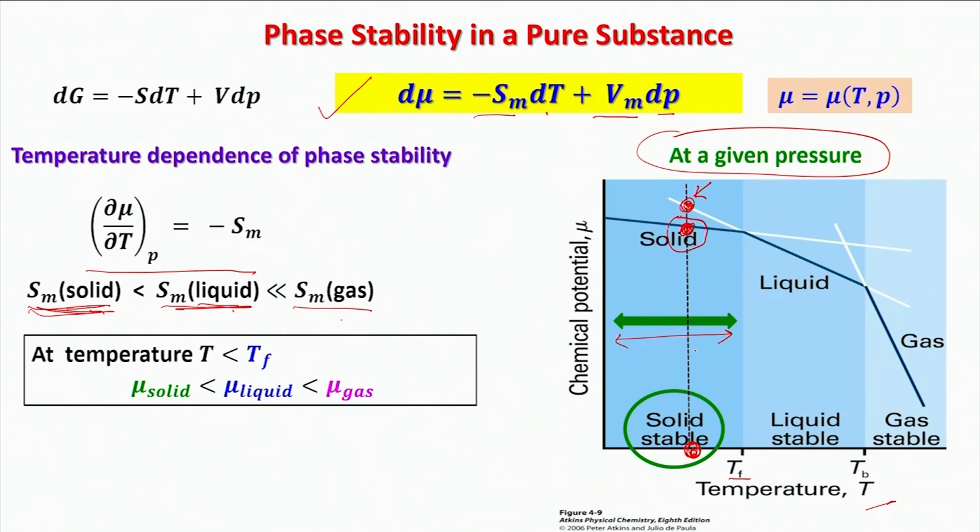Now, because of the varying magnitude of slope, this particular observation is happening.